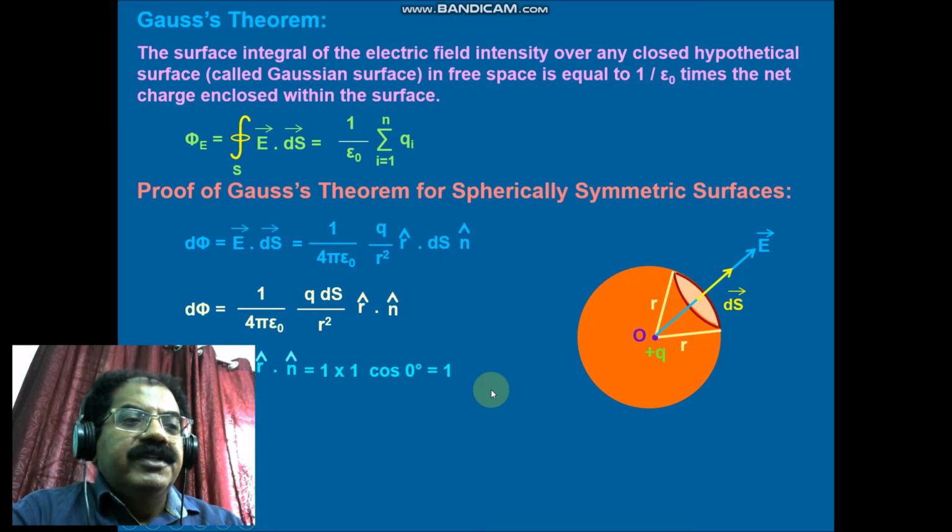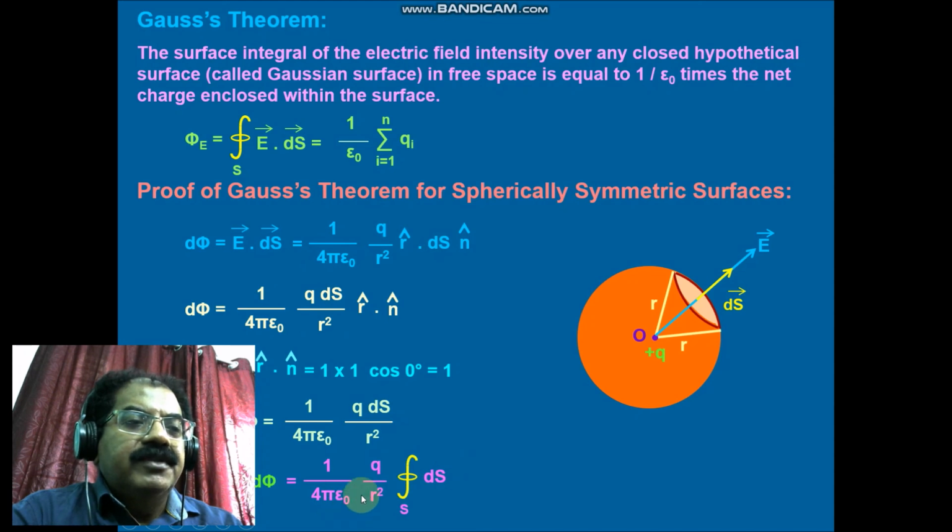So now what will be d phi? d phi will be 1 by 4 pi epsilon naught Q ds by R square. Again I can write this as 1 by 4 pi epsilon naught Q by R square, and I am integrating ds. Why am I integrating ds? Because this is the flux due to only this small surface, and if I want the total flux of the whole surface, then I have to integrate over the whole surface.